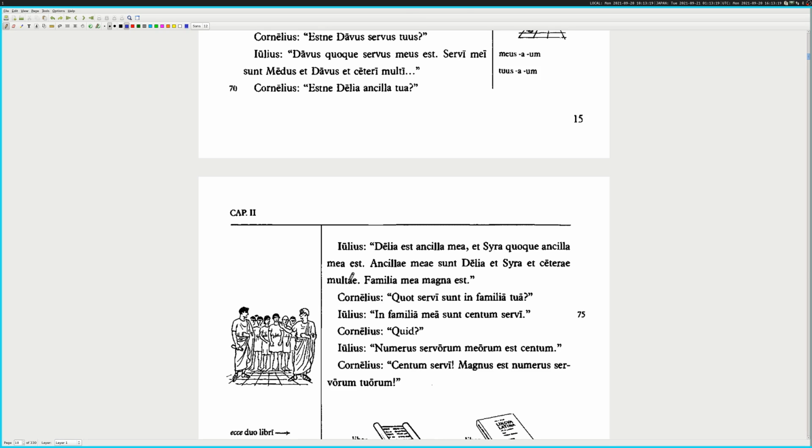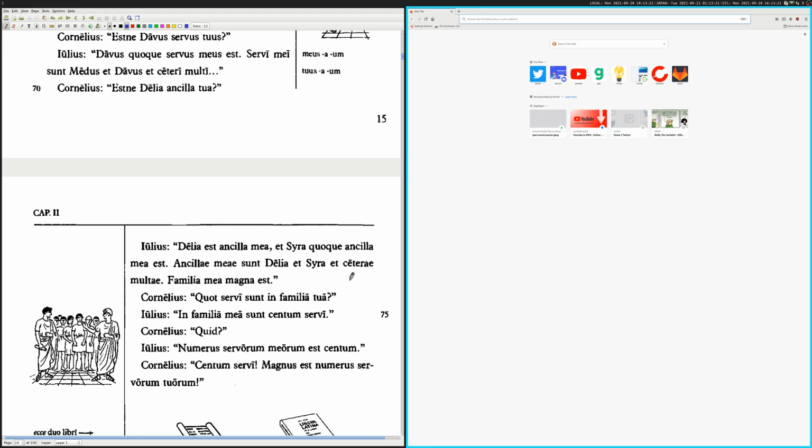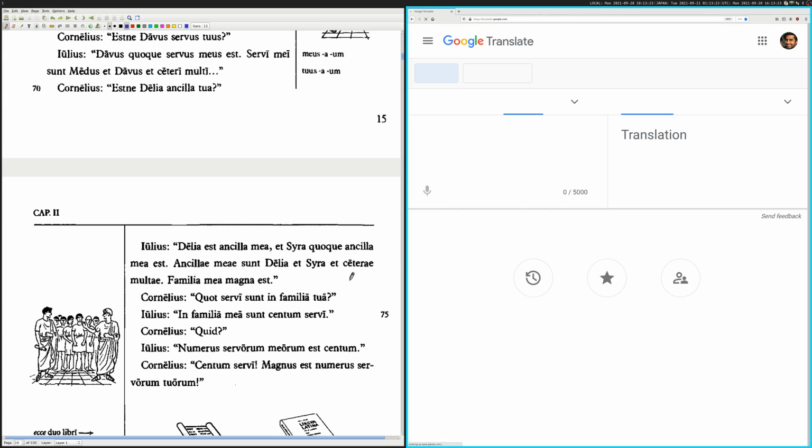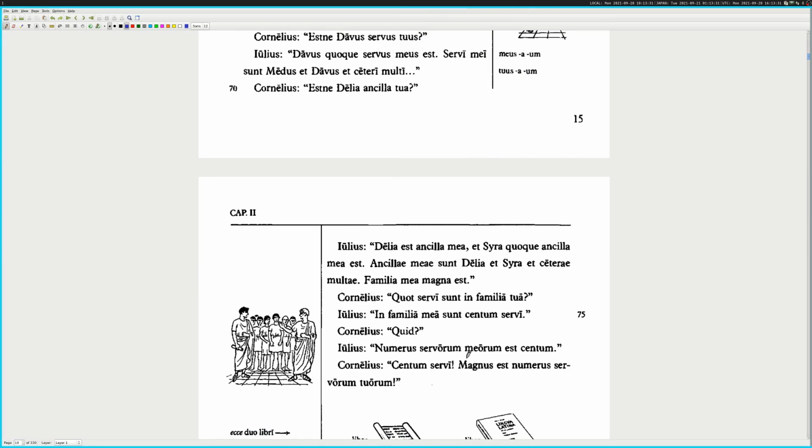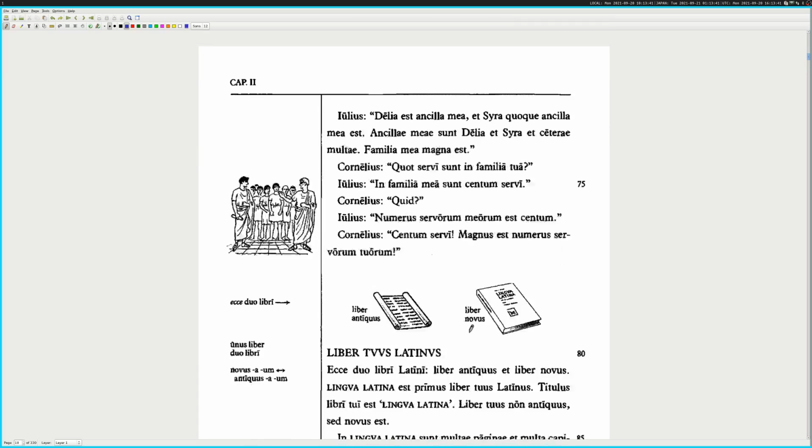Okay, let me look up what quid means. Translate. Oh, it means what? Okay. The number of slaves of mine is 100. That is a big number of slaves of yours.